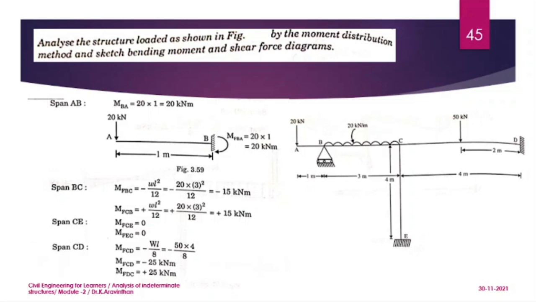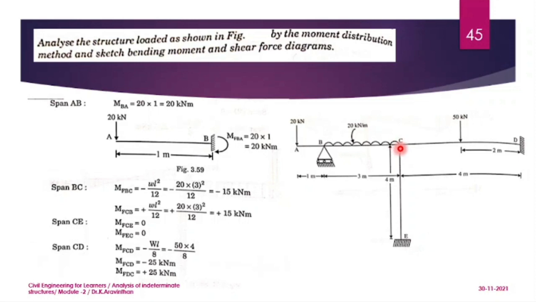In distribution factor, how many joints will be there? Joint B has 2 members. What are they? B to A, B to C. So joint B has to be taken for distribution factor, and the second joint will be joint C. Note here in this problem you will be having 3 members.